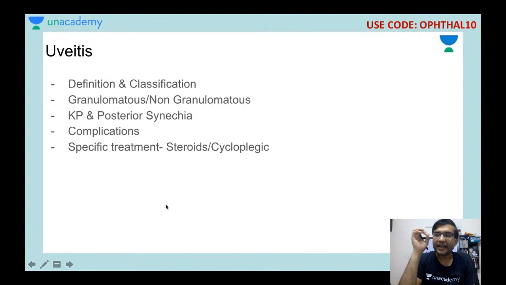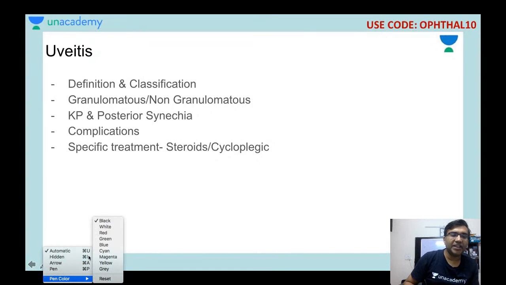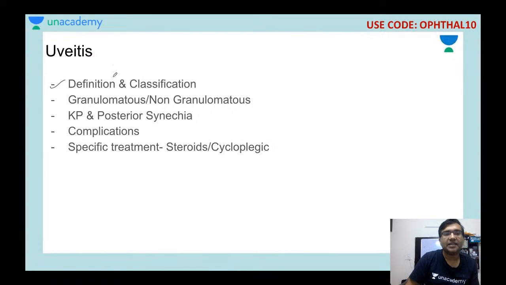Then the next topic, which is most commonly asked as a long case, is the definition and classification of uveitis. They can ask you about anterior, intermediate and posterior uveitis. They can ask you about the difference between granulomatous and non-granulomatous uveitis, the different types of keratic precipitates, and the different types of posterior synechiae.